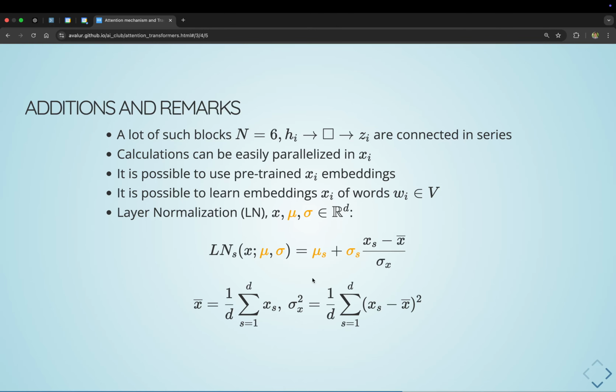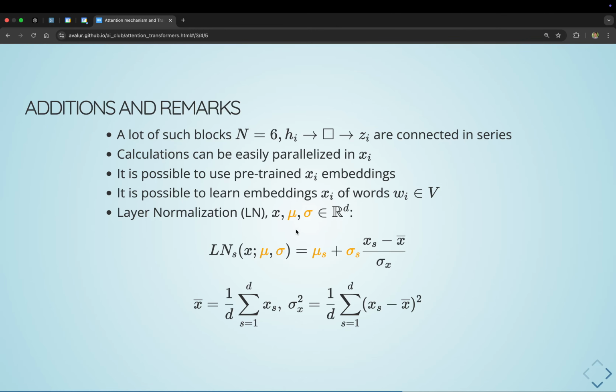Here the mean is over all the components, and sigma is the squared standard deviation, again of the components inside vector X. We sum all the numbers from 1 to d here, and we actually change the mean and variance of the input vector X.